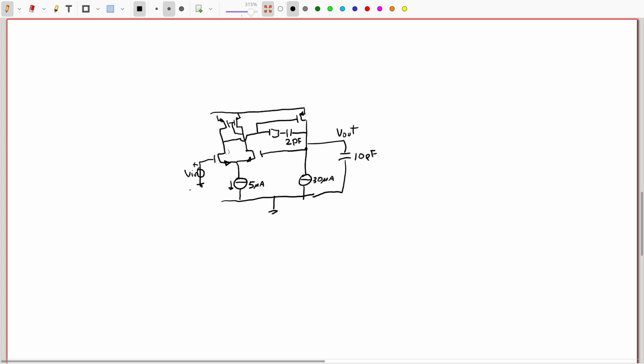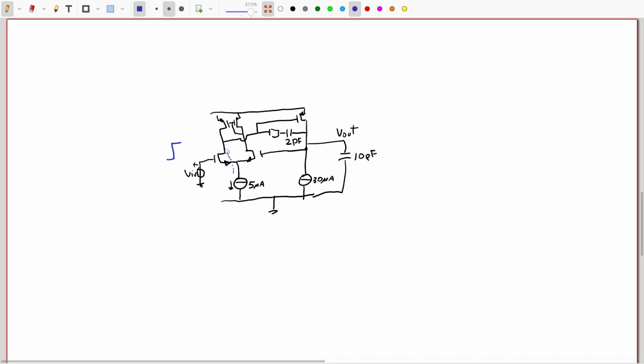Okay, now what is the problem here? Now think, if I put a very sharp step here, this transistor is basically going to become a switch. It is going to become a very low resistance, and on the other side the other transistor will open, because all these 5 microamp of current are going to be channeled in this direction.